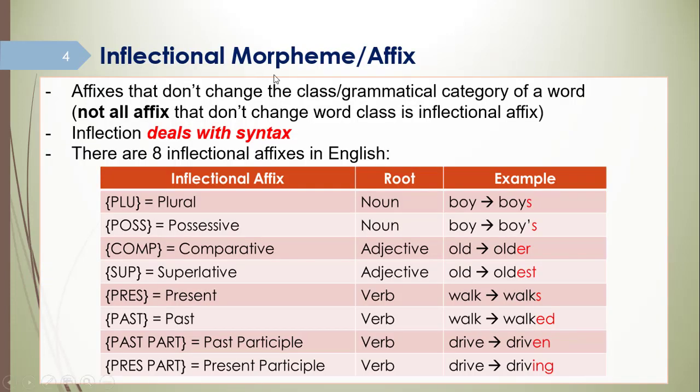So, what is an inflectional morpheme or inflectional affix? They are affixes that don't change the class or grammatical category of a word. However, not every affix that doesn't change word class is an inflectional affix. This is only a typical characteristic of inflectional affixes, but not all.